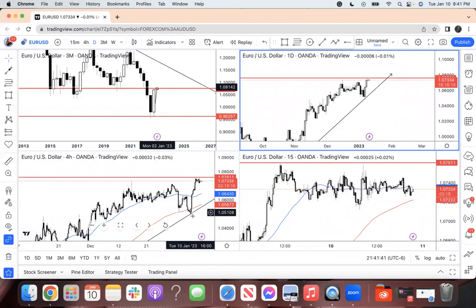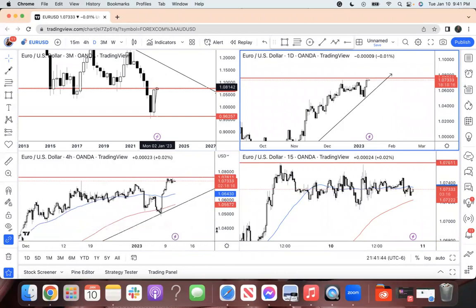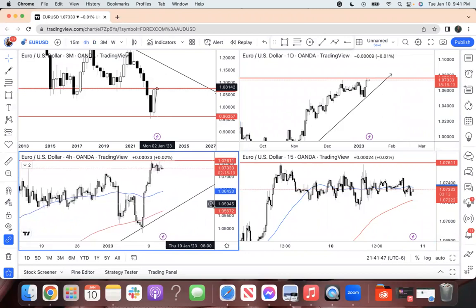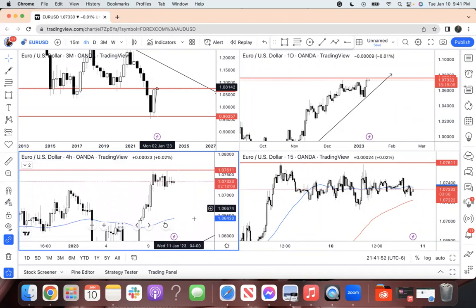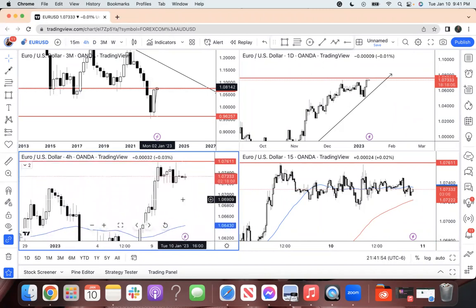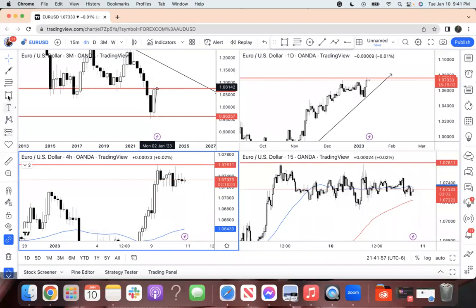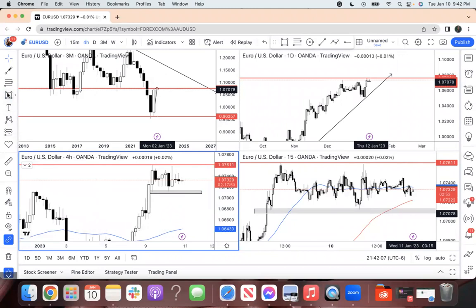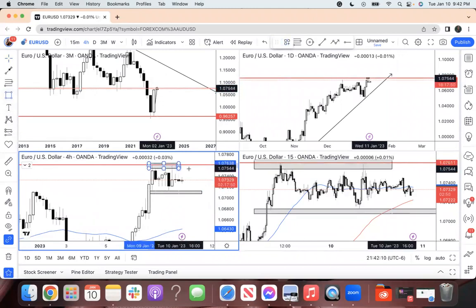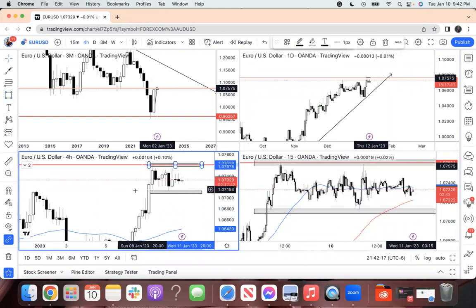And so what we can do now is go to our 4-hour time frame. This is where I begin to identify support and resistance. Our first major area is here. We see that price has struggled to break below this area, and it's also struggled to break this area, which is, again, our major resistance area.